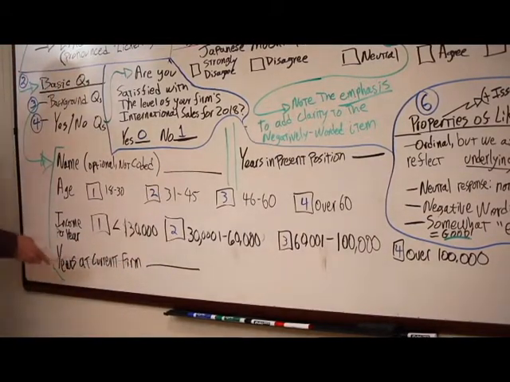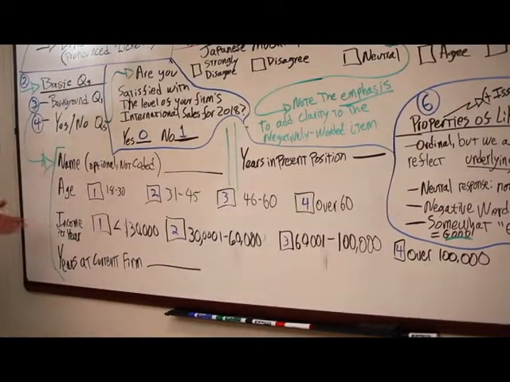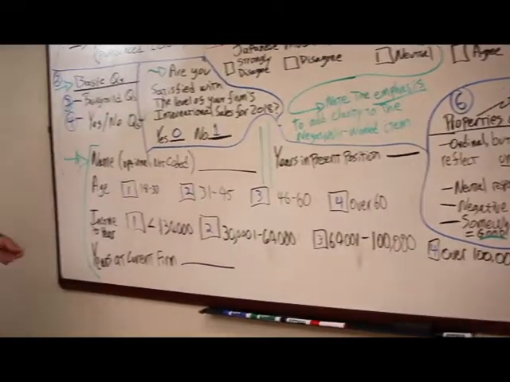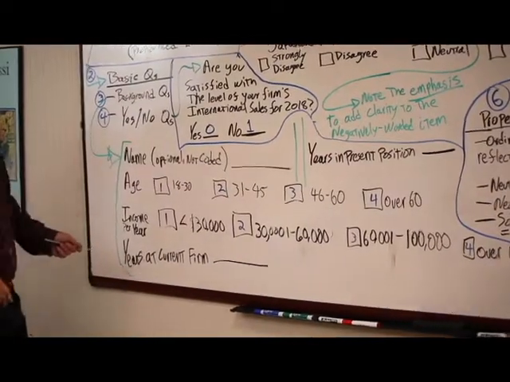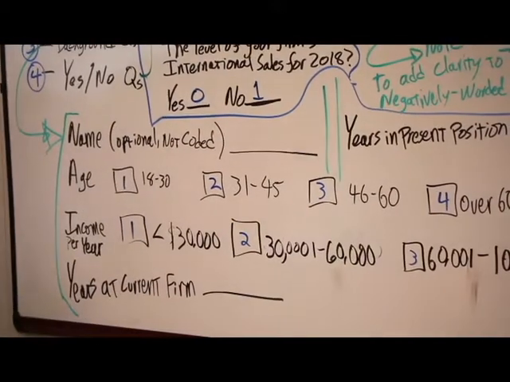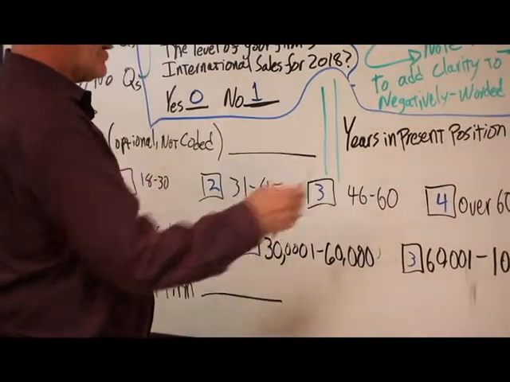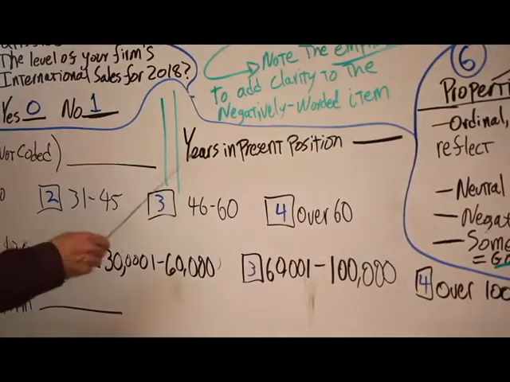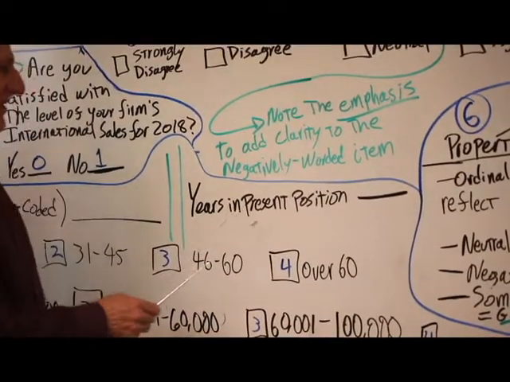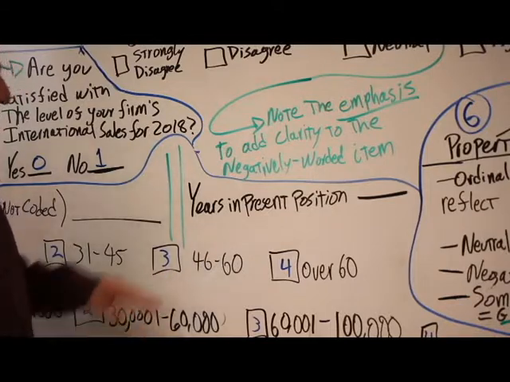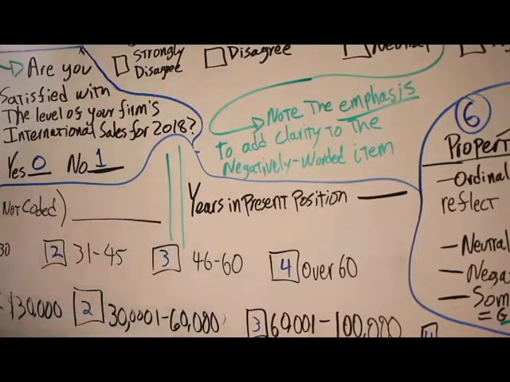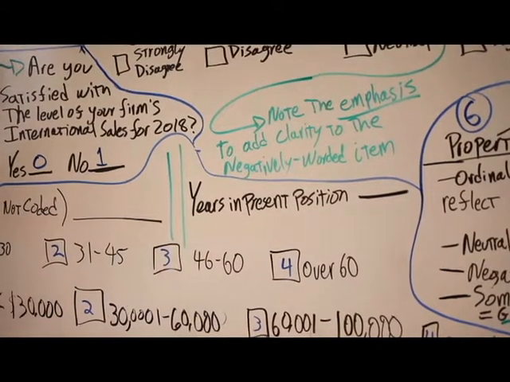Number of years at the current firm, that would be just a fill-in. You put in 8 or whatever. Be careful how you word this, because that's a different question than number of years in your present position. If this was worded number of years in your present job, people could see that as the same question as number of years at the current firm.